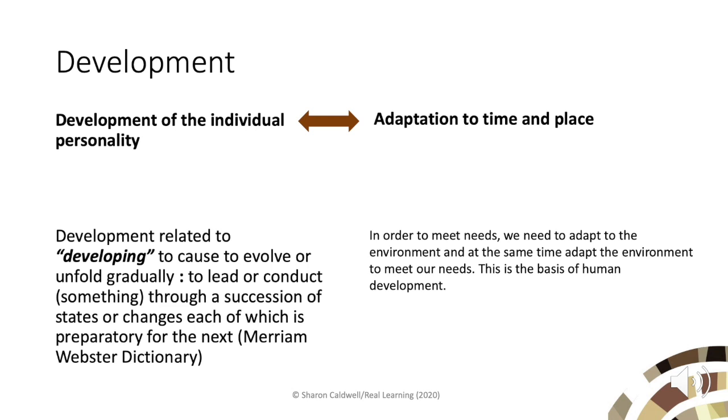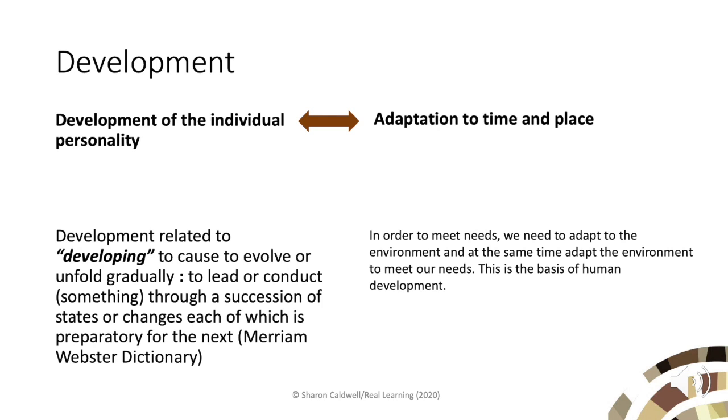But in this course, we've got to look at the difference or the tension between the development of the individual personality, which is biologically driven, and then the way that that developing personality, developing organism adapts to a time and place. And this tension exists between these two forces.